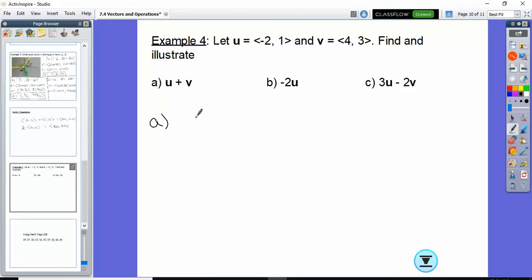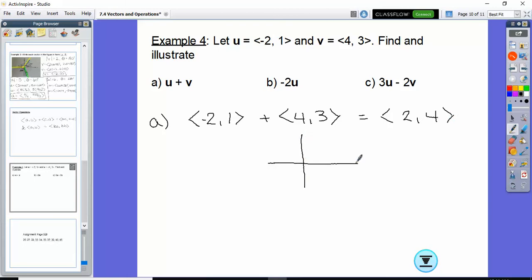So A, if I want U plus V, so vector U plus vector V, what do you get?